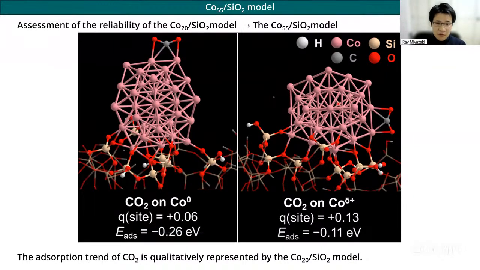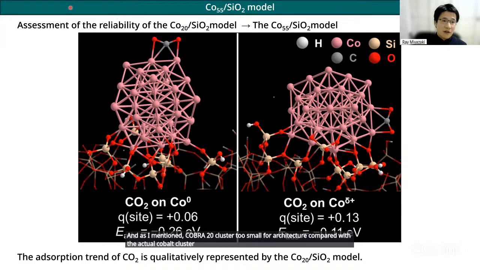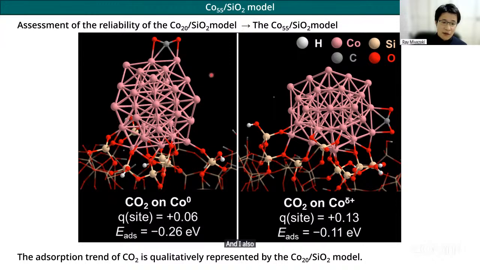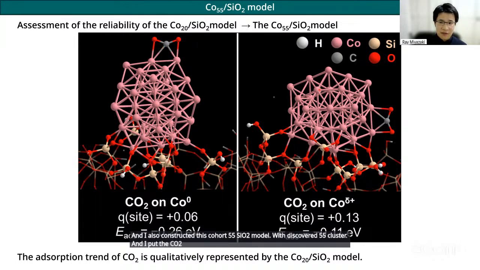As I mentioned, the cobalt-20 cluster is too small compared with an actual cobalt cluster, so we need to assess the reliability of this cobalt-20 cluster. As I mentioned before, this can be done with cobalt-55 based on the previous study. I also constructed this cobalt-55 SiO2 model with a cobalt-55 cluster, and put CO2 at the most negative site and the most positive site again for cobalt-55.